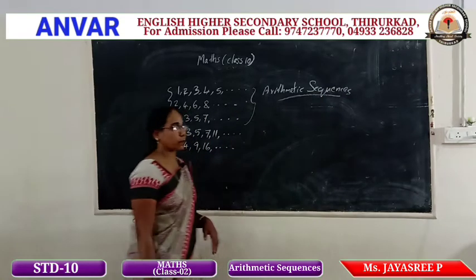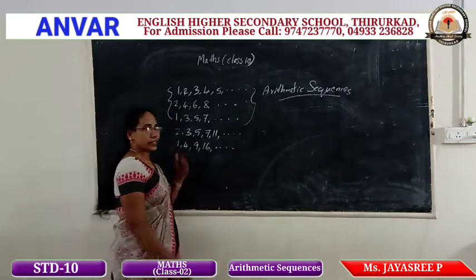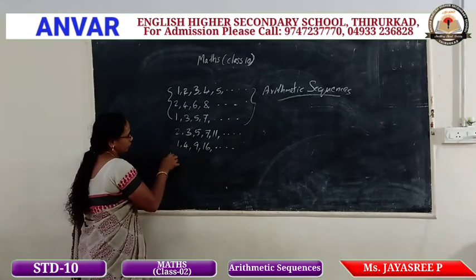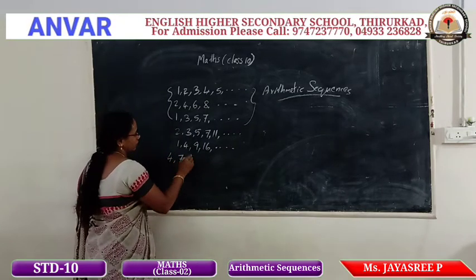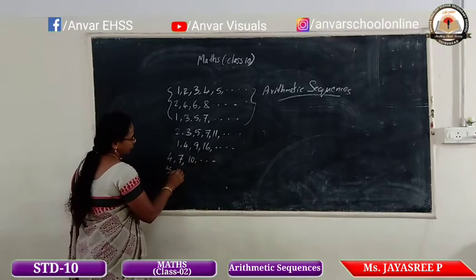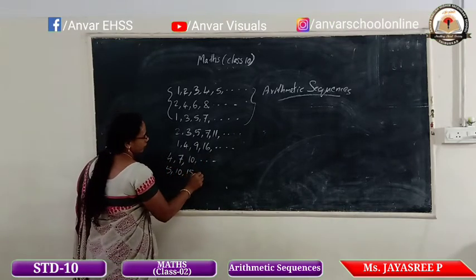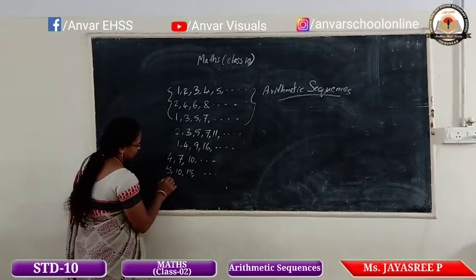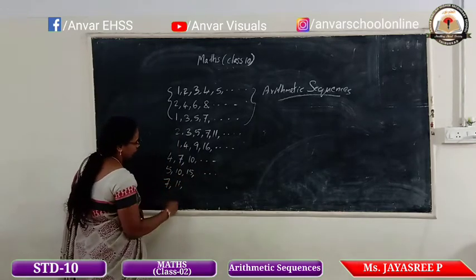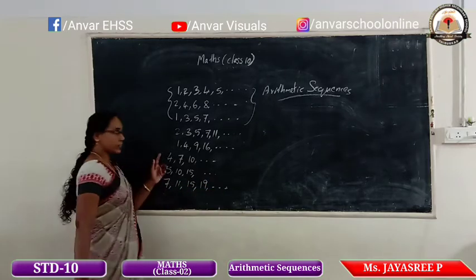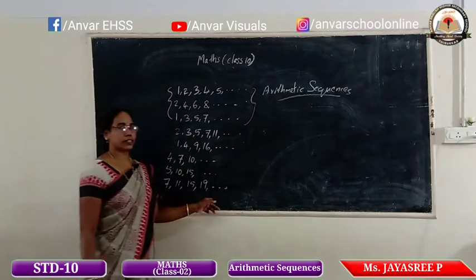Arithmetic sequences. So, another example for arithmetic sequences: 4, 7, 10, etc. 5, 10, 15, etc. Another one: 7, 11, 15, 19, etc. These are other examples for arithmetic sequences.